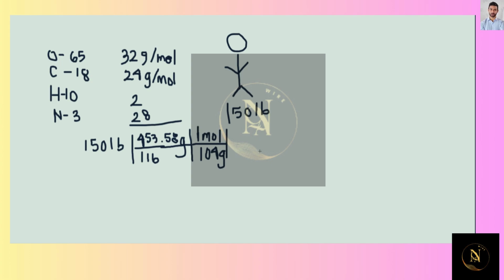Now, in order to convert moles to the number of atoms, we're going to use Avogadro's number, which we normally use to convert from moles to another unit that we're looking for.